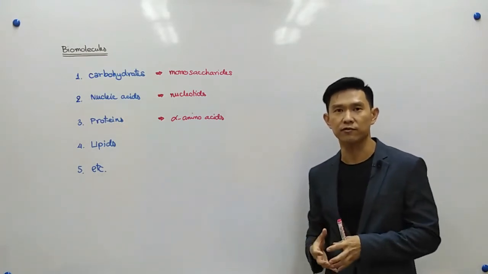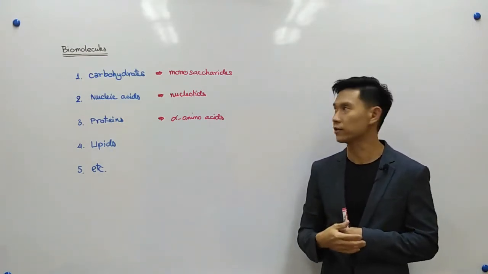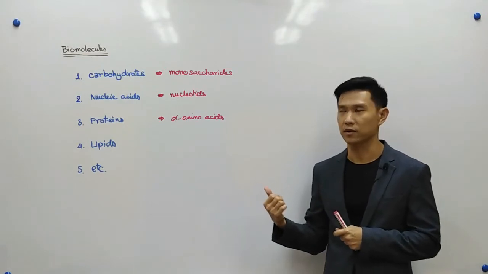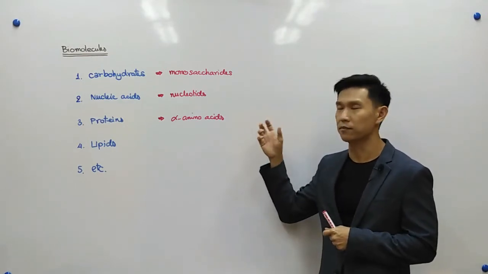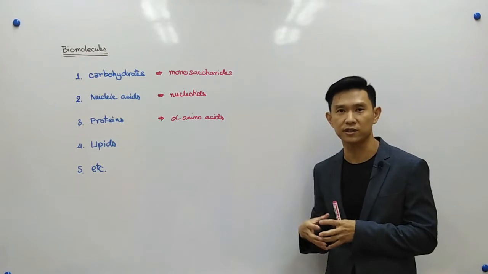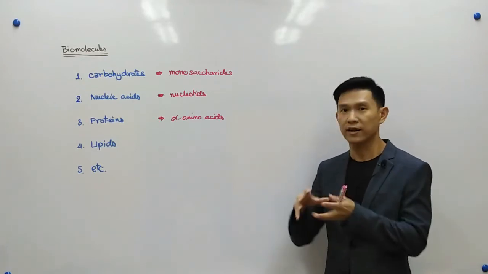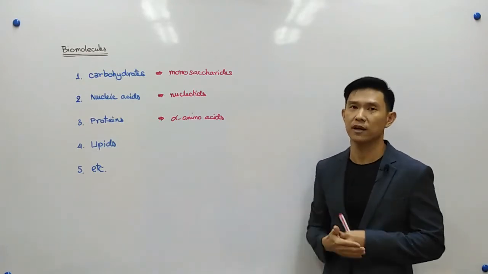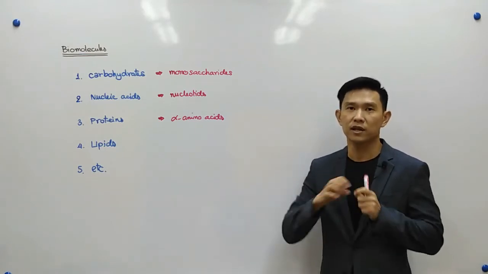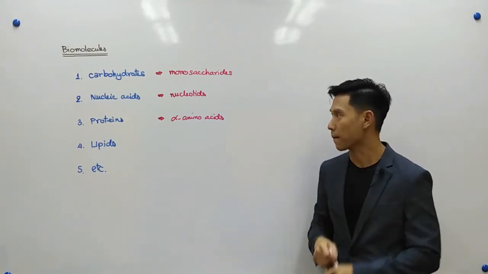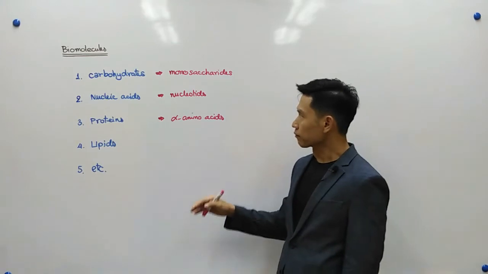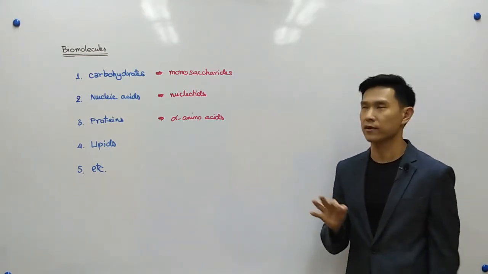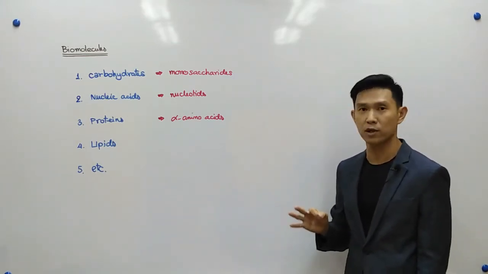But in the process of making proteins, or condensation of the alpha amino acids, we use polynucleotides as a catalyst or a kind of factory to condense amino acids together, making a very long chain of proteins. Then we have these three very important biomolecules.